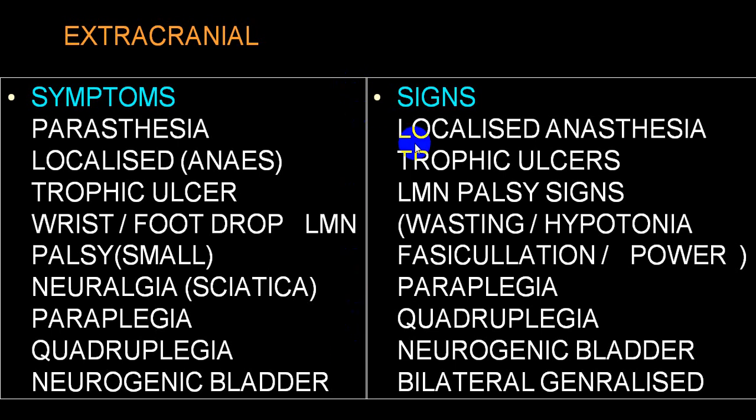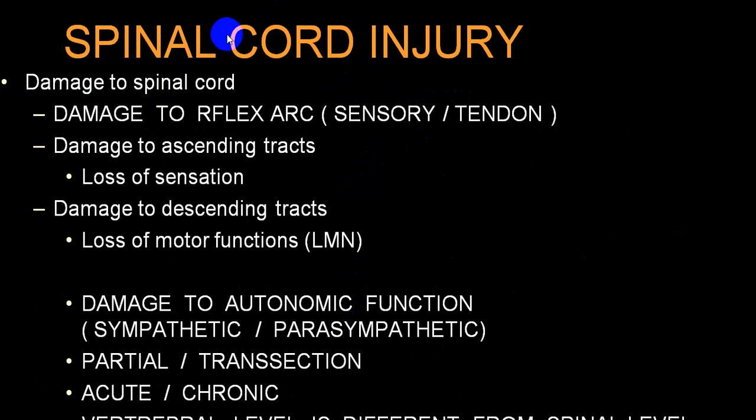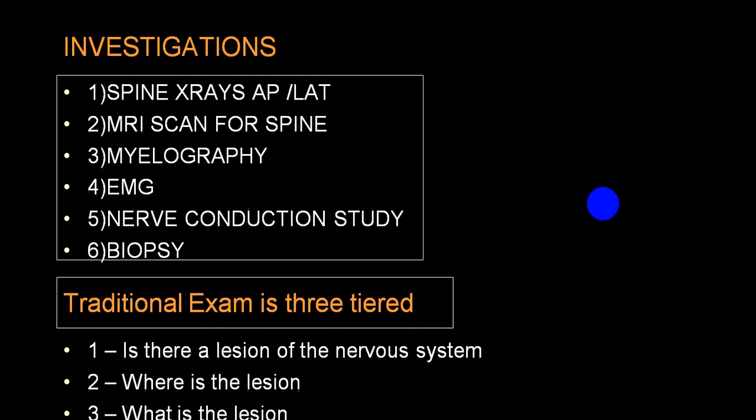In those conditions, you will be finding out what type of spinal cord injury is there, and on examination you will be looking mainly for sensory findings and tendon reflexes, motor findings, whether it is upper motor neuron, lower motor neuron, which side, whether it is because of partial damage or transection, acute or chronic. All this will be absolutely necessary, and that we call localization; we'll be doing it when we go for localization.